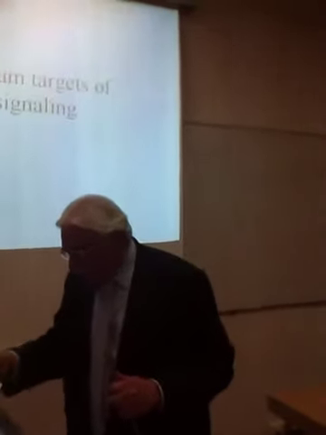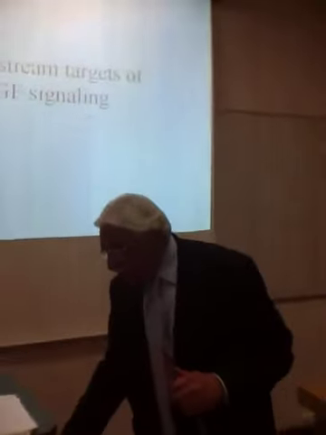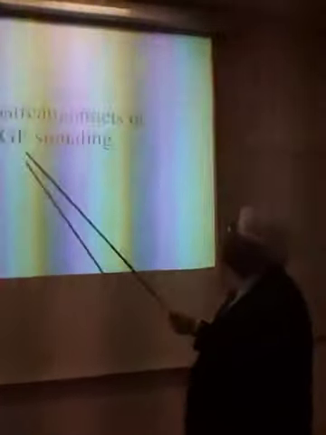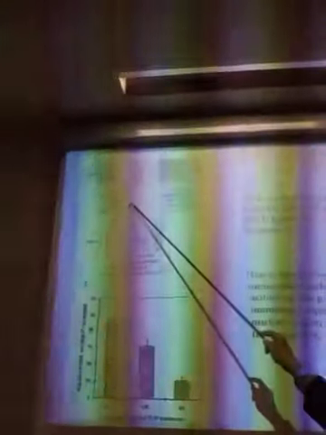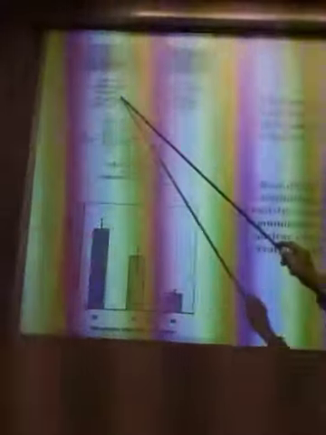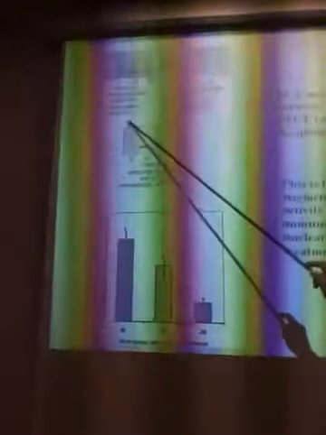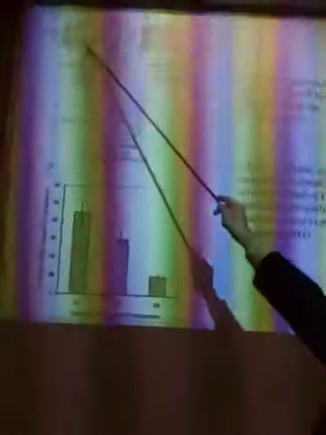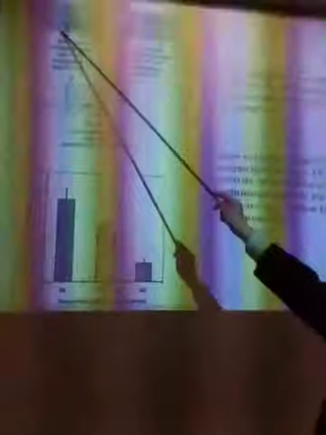Now, this raised the question, what are the downstream targets of the EGF signaling? And the next shows it here. You see the phosphatidylinositol 3-kinase enhancer protein, PIKE. When immunoprecipitated with anti-PIKE and immunoblotted with anti-PLC gamma 1, what we can see here is the 120 kilodalton protein.